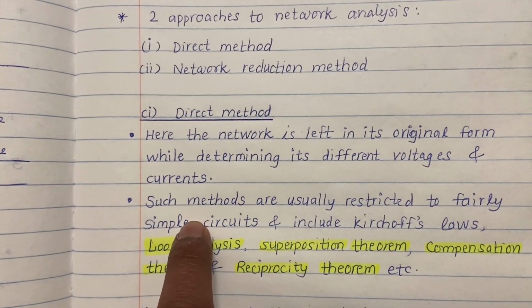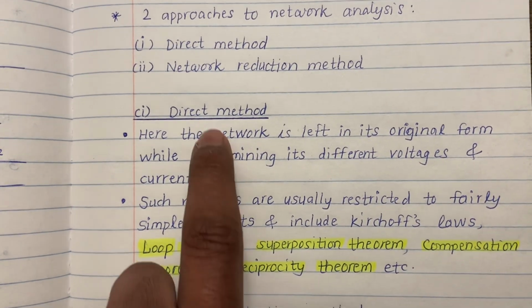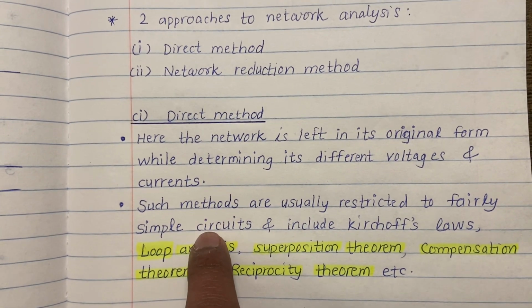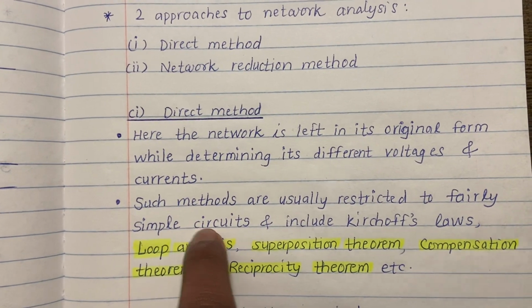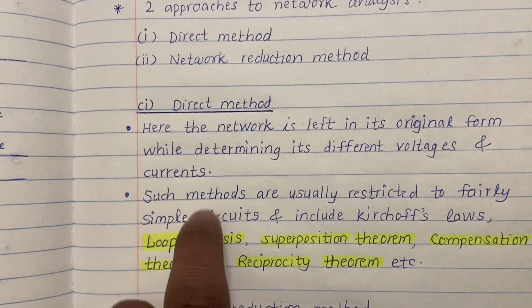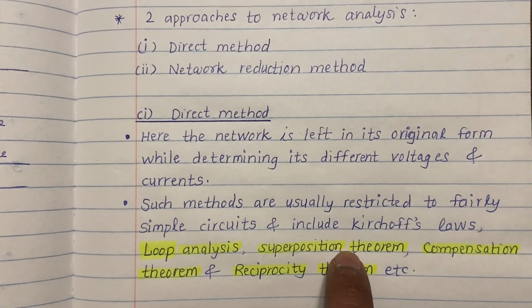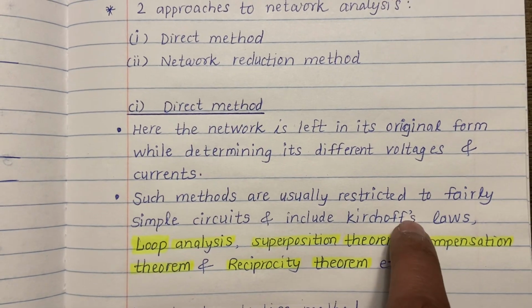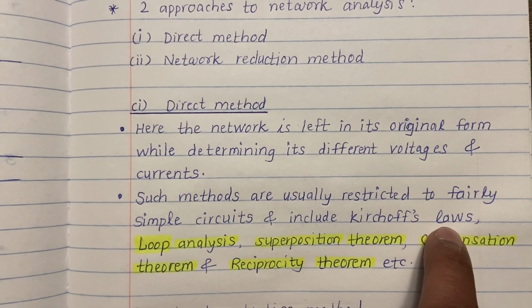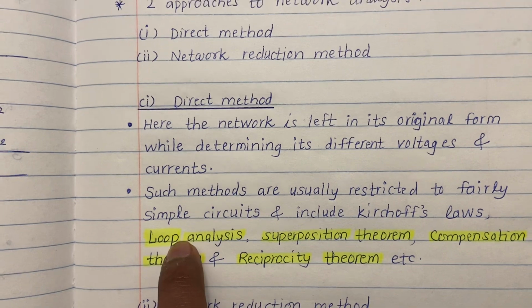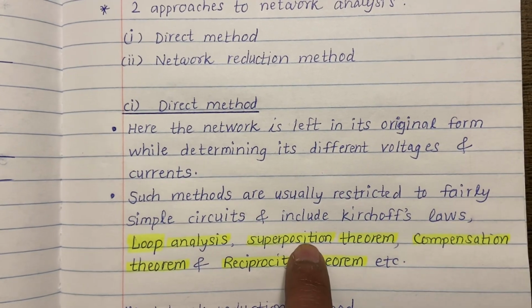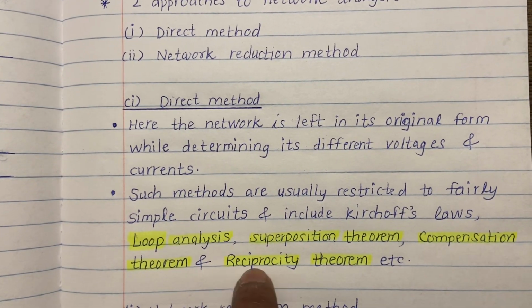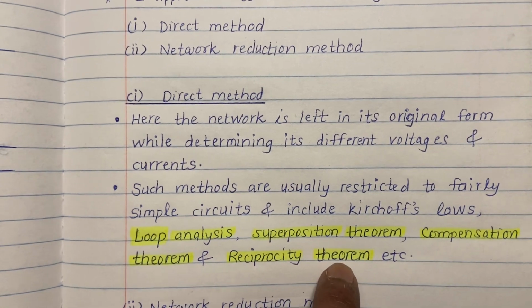So the important point we have to understand is direct methods are only used for fairly simple circuits. And what are the different direct methods of network analysis? These are Kirchhoff's laws, which include Kirchhoff's current law and voltage law, loop analysis, superposition theorem, compensation theorem, and reciprocity theorem.